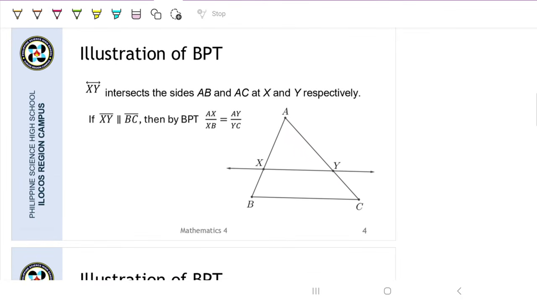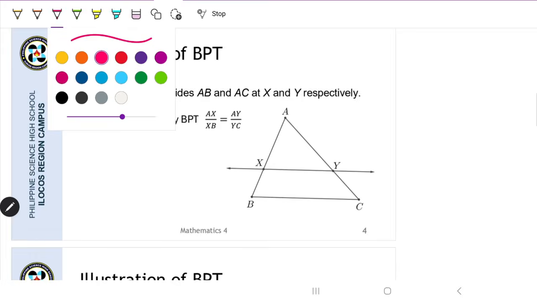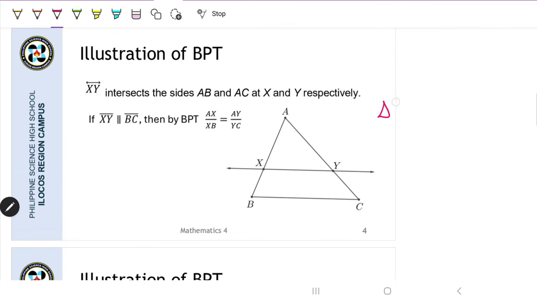Suppose we have here a triangle ABC, and we have here line XY. Line XY intersects side AB and side AC of the given triangle at points X and Y respectively.